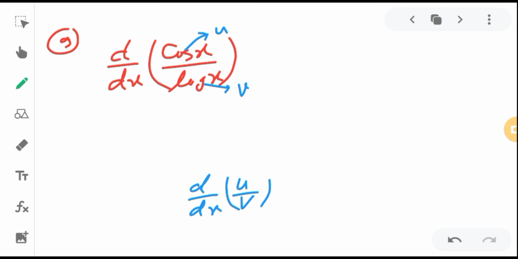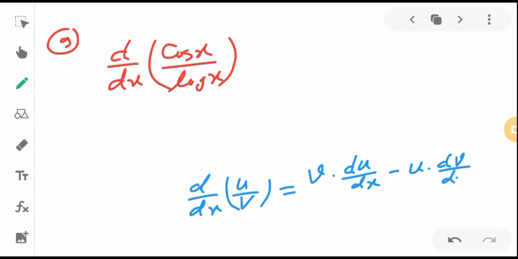So what is the formula for the derivative of u upon v? The formula is v into du upon dx minus u into the derivative of v, divided by v square. Correct? This is the formula, and I will use it here.